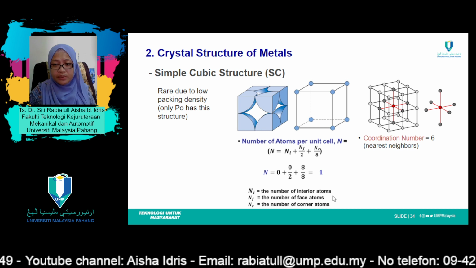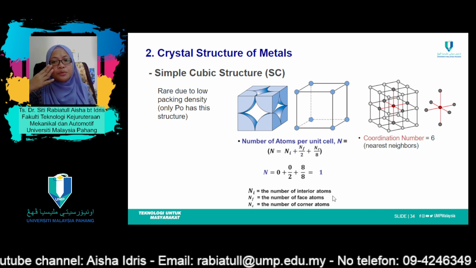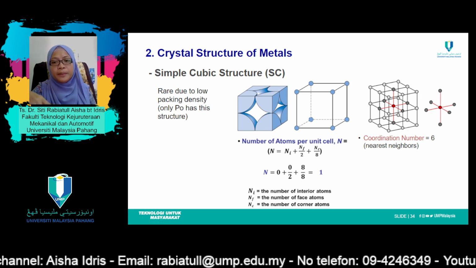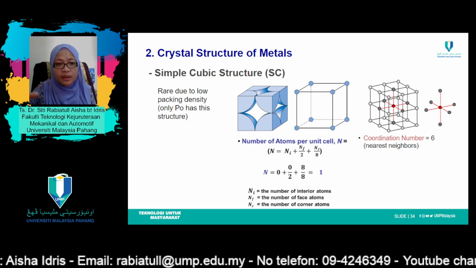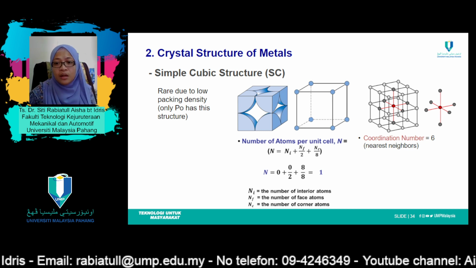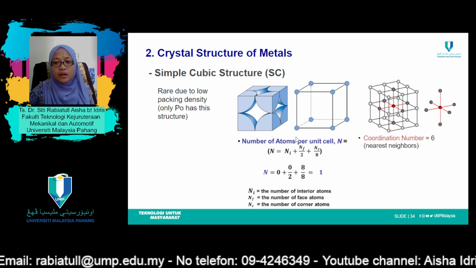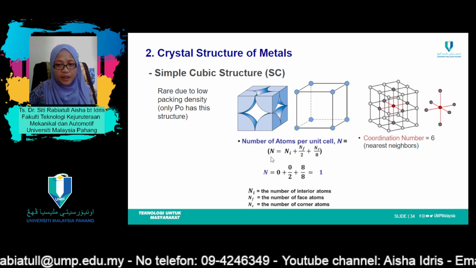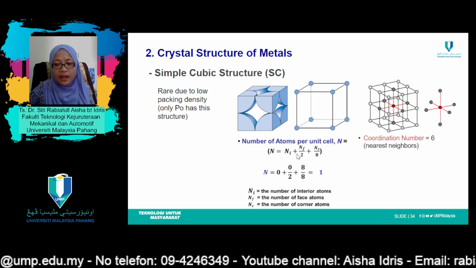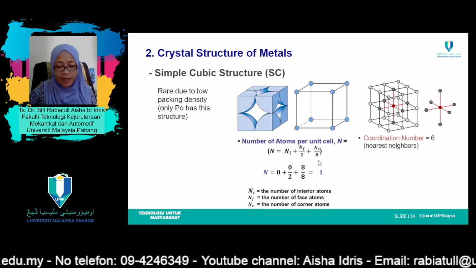Okay, in crystal structure, you need to know how to calculate the number of atoms in a unit cell. For the formula, you can use this one: N equals Ni plus Nf over 2 plus Nc over 8.